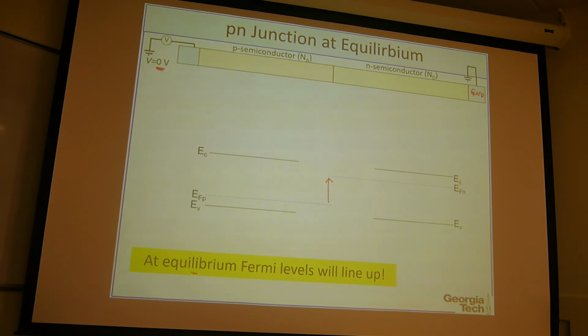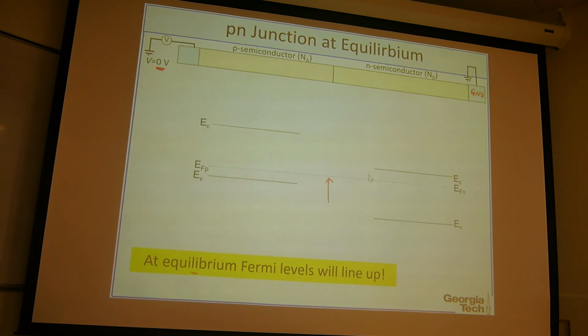So look at this animation. You see the Fermi level will line up, but then the EC and EV for the p-type will move up. Now, what will happen? Here are the EC and EV in the middle. This is the depletion region we talked about earlier.